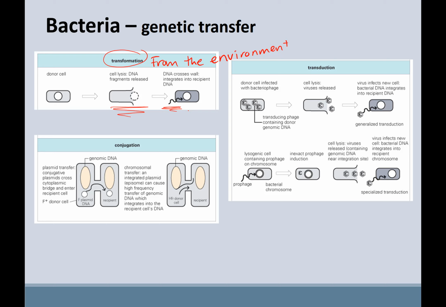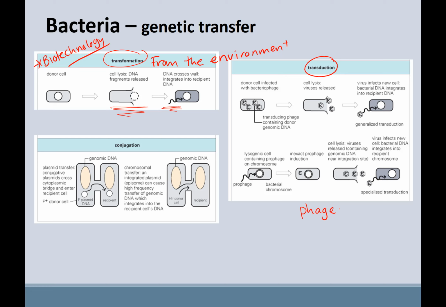Not a lot of bacteria can naturally do this. This is really important in biotechnology or molecular biology. We use transformation to force bacteria in the lab to take up new genetic information. Transduction over here is another method of gene transfer, and this is by phage.